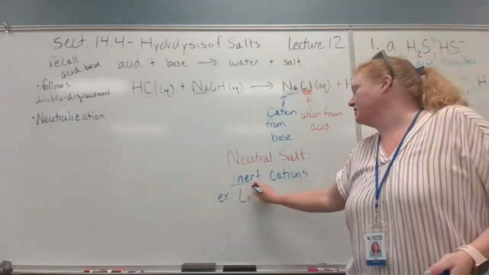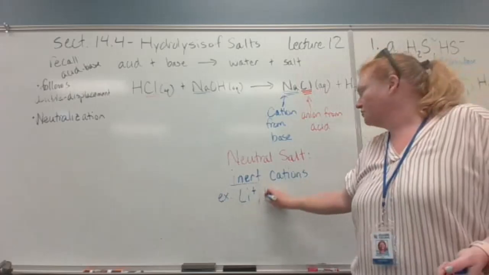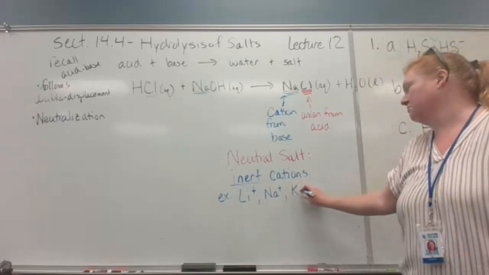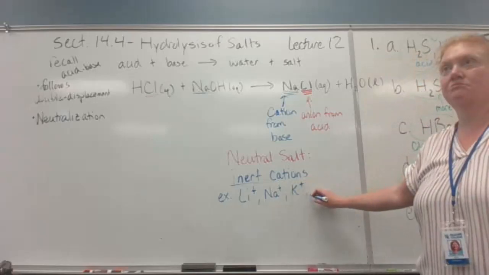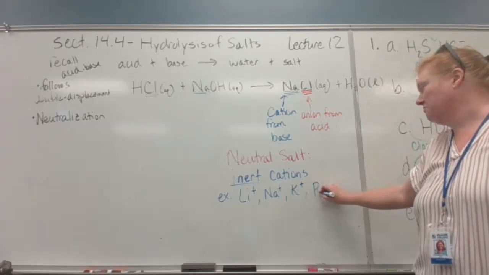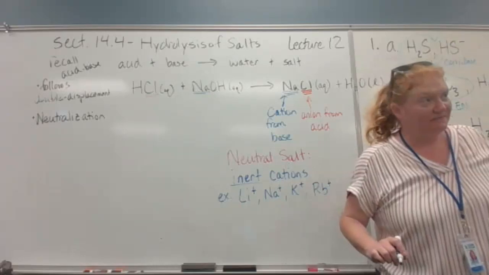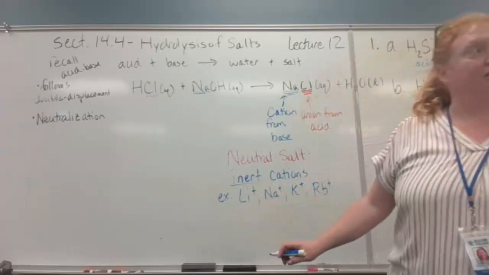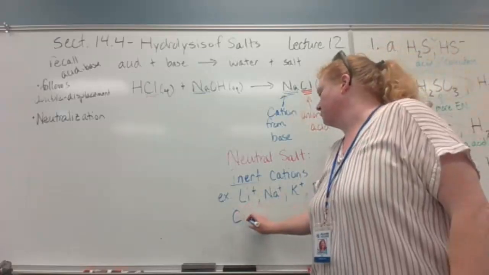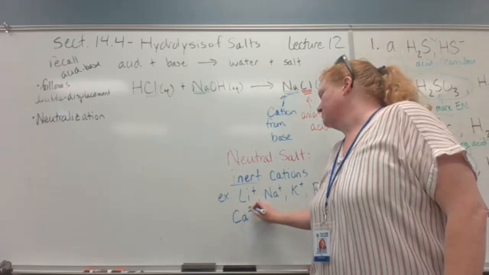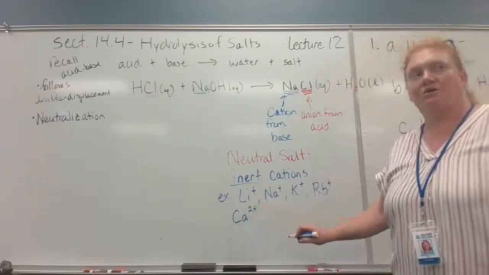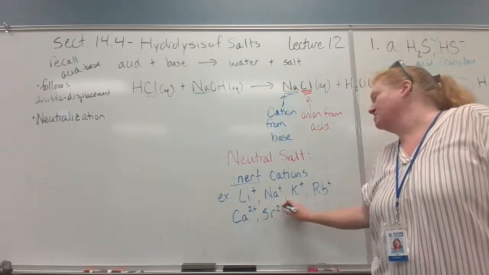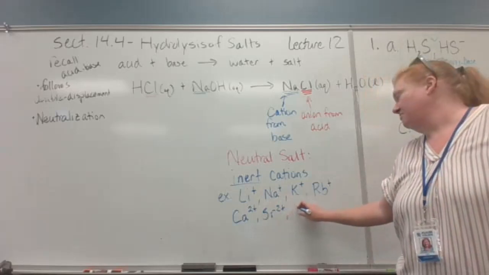Inert cations are going to be ions like lithium, sodium, potassium, rubidium. So group 1A, right? Also, these ions should be inert: calcium, strontium, barium.